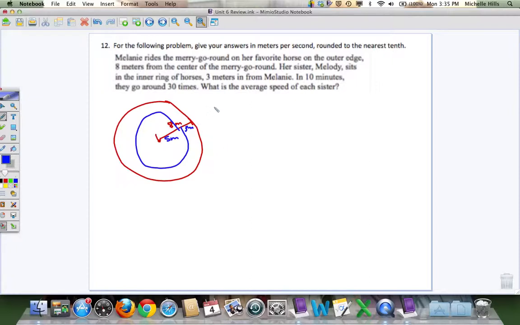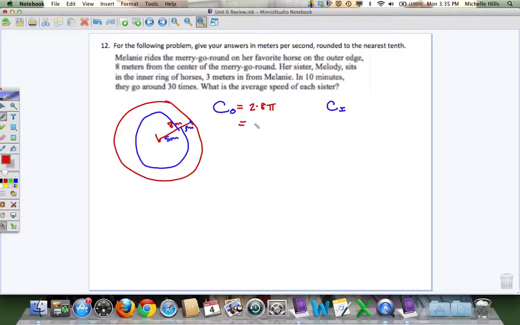Well, I said the circumference of the outer ring and the circumference of the inner ring, because their names both started with M and MEL, and that made it kind of tough. So I need to know how far she goes in how much time. That's the speed. Well, the distance she goes in one revolution is the circumference of the circle. So for the outer circle, I know that the radius is 8, so the circumference is 2 times 8, which would give me the diameter, times pi.